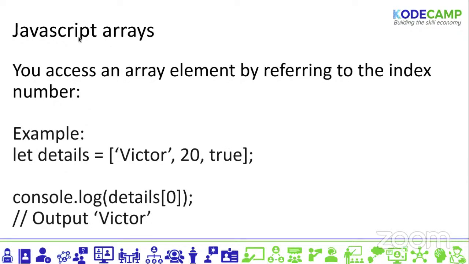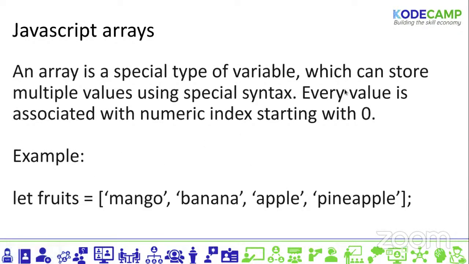Then we say JavaScript arrays. You can access an array element by referring to the index number of that array. Remember in the first slide, we said every value is associated with a numeric index starting with 0. So this mango has an index of 0. Let's liken this to your shopping list. When you're going to a grocery store or supermarket, you write things to buy: number 1, sugar, number 2, groundnuts, number 3, maybe shoe, number 4, clothes, and all those.